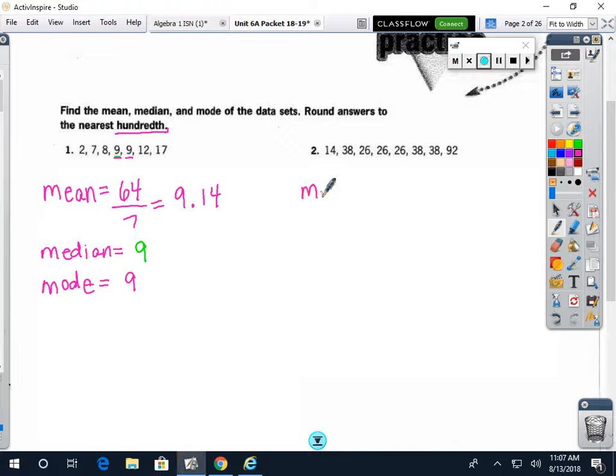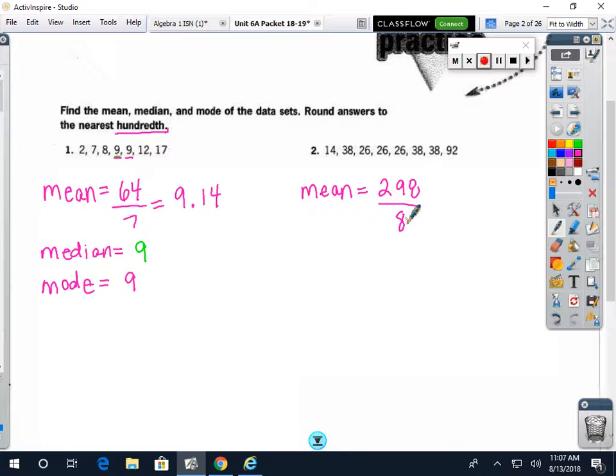The first thing we're going to do is the mean. What did y'all get when you added up all of those numbers? When you added them up, that's what you got? 298. Okay. And then you divide it by how many numbers there are, and how many numbers were there? 8. Okay, so an even amount of numbers.